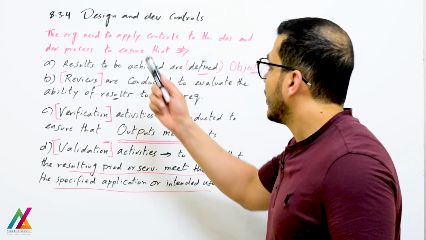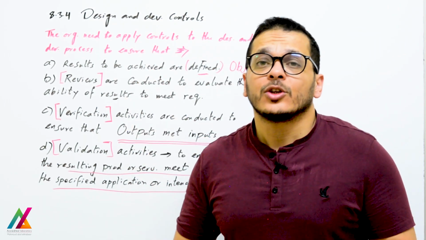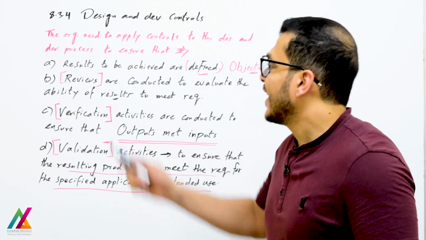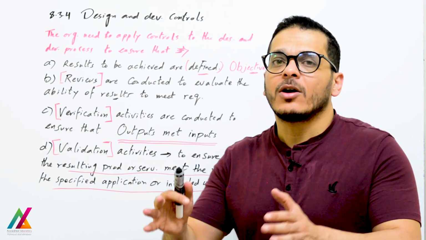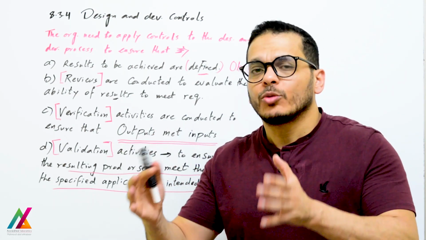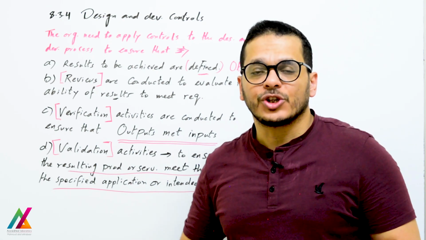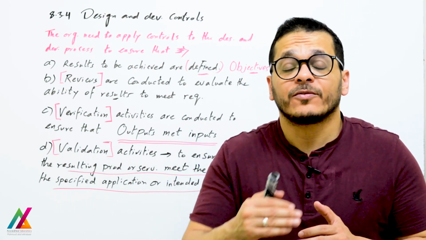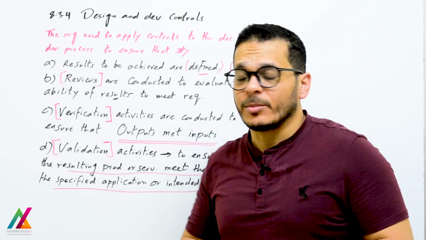So the organization needs to apply controls to the design and development process to ensure, first point, that results to be achieved are defined. You need to establish objectives relating to this project, and you need to achieve these objectives. You need to achieve the required performance as per customer requirement.